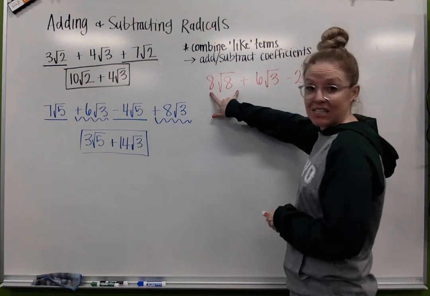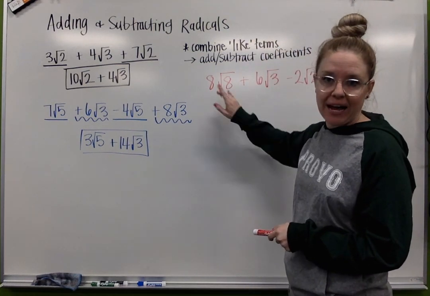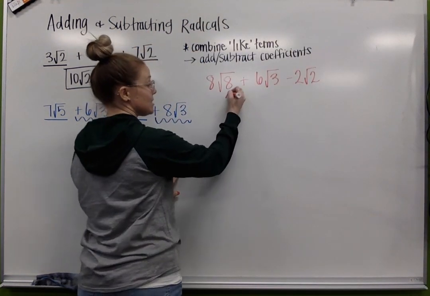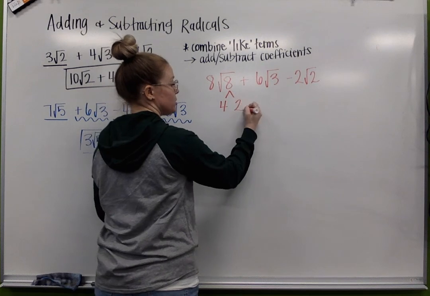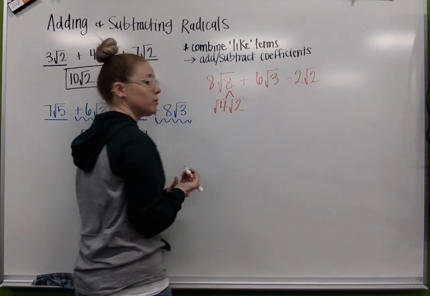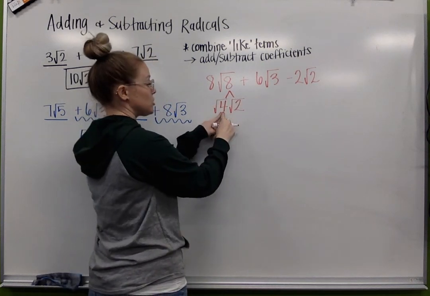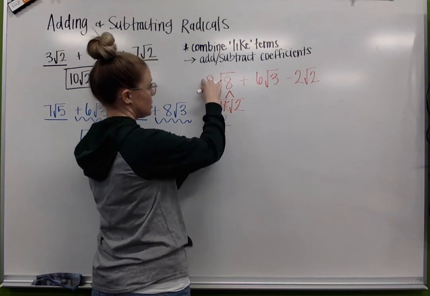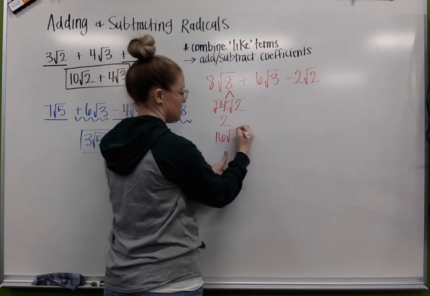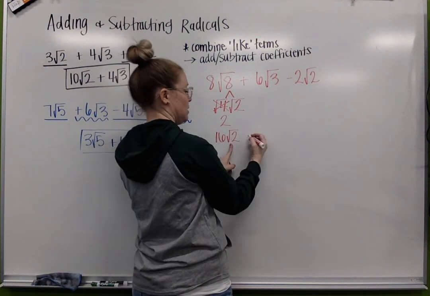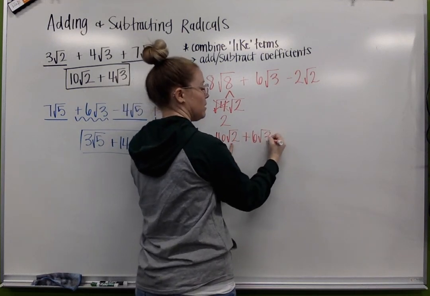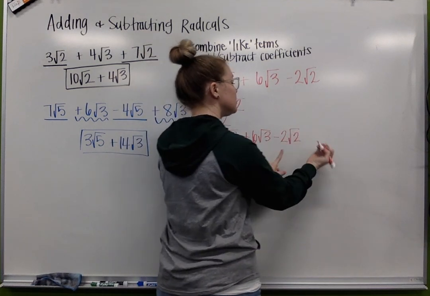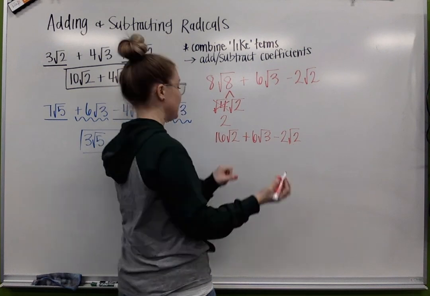But this radical is not fully simplified. 8 square root 8, I can reduce that. 8, I can factor down to 4 and 2, and I can square root those. Here, the square root of 4 is 2. So 2 times 8 is 16 root 2. And then I have my 6 root 3, which is fully simplified, minus 2 root 2, which is fully simplified.